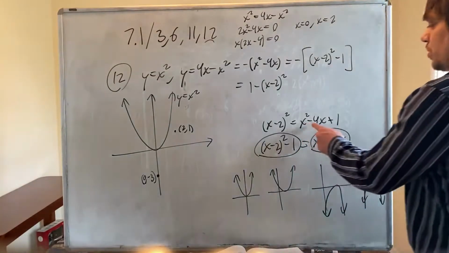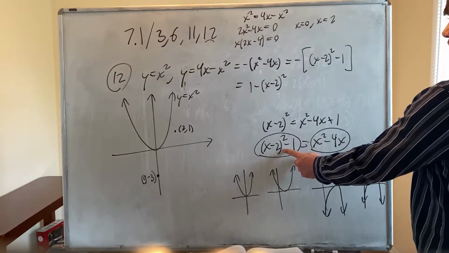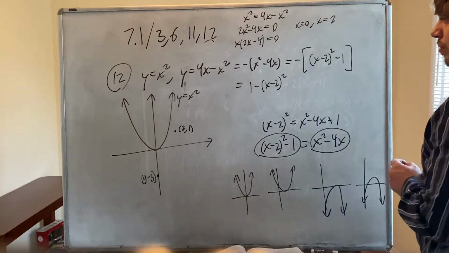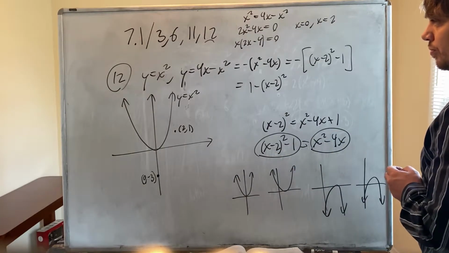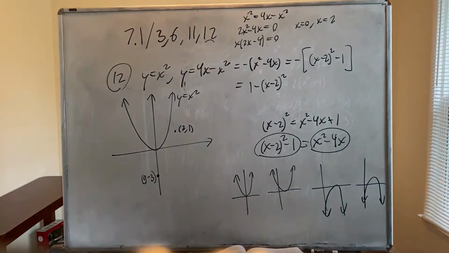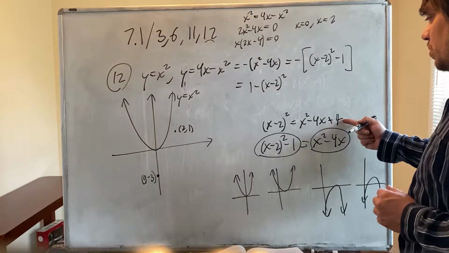We have x minus 2 squared minus 1. Oh, x minus 2 squared is x squared minus 4x plus 4.